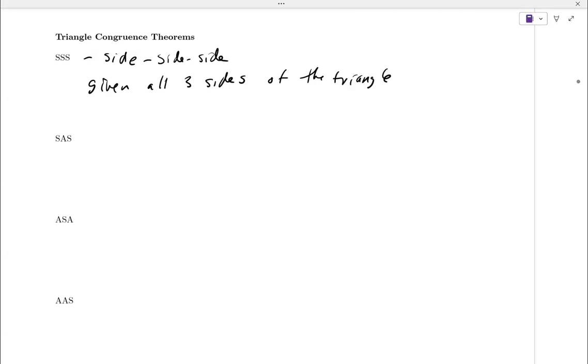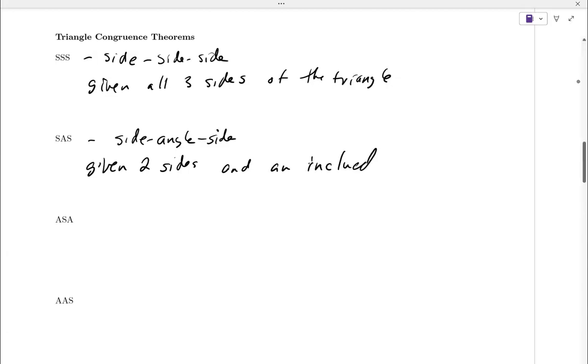The other one, the SAS, is side angle side. Now it's written that way on purpose. It says side angle side, so you're given 2 sides and an included angle.